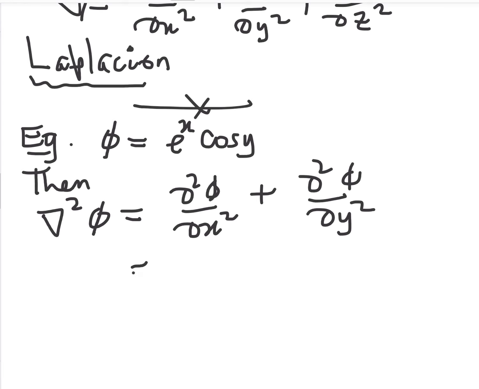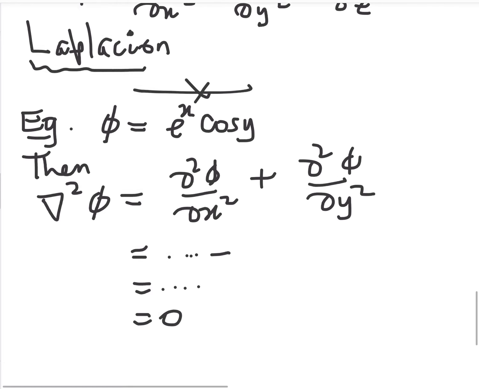And if you did all the calculations, remember these are partial derivatives, in this particular example you end up with 0. And there's a significance in that. It need not be 0, of course, but if it does turn out to be 0, then so be it.